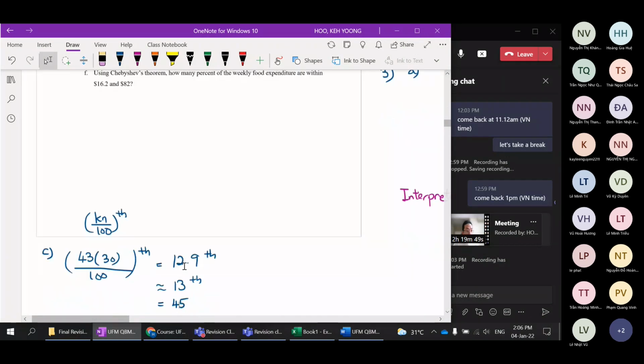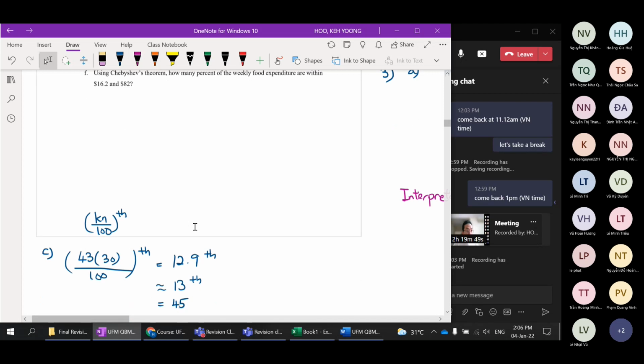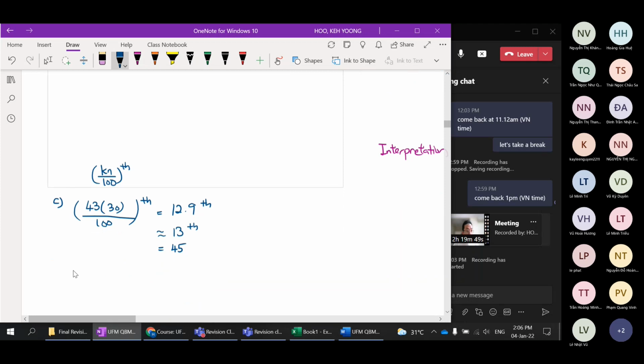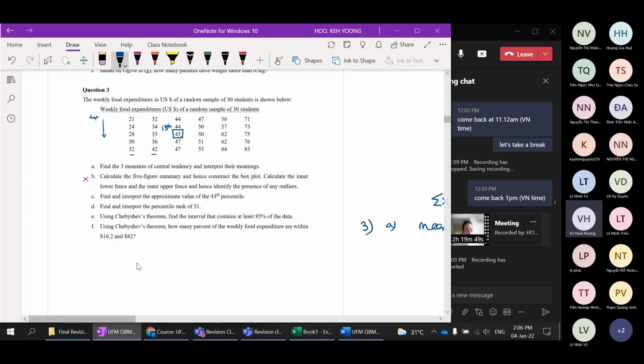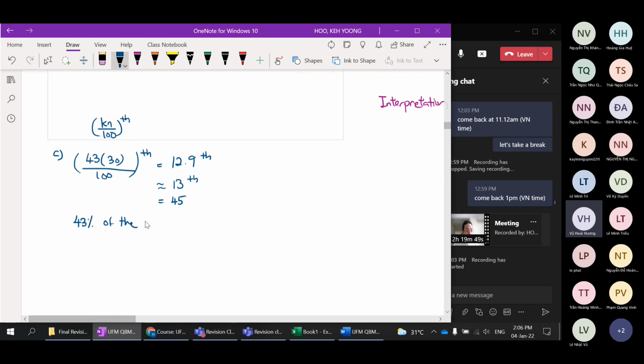So what does this 45 mean? The question is also asking you to interpret, right? The 43 percentile is 45. But what does this value tell you? So this means that 43% of the, right now these are the 30 students. So 43% of the students.